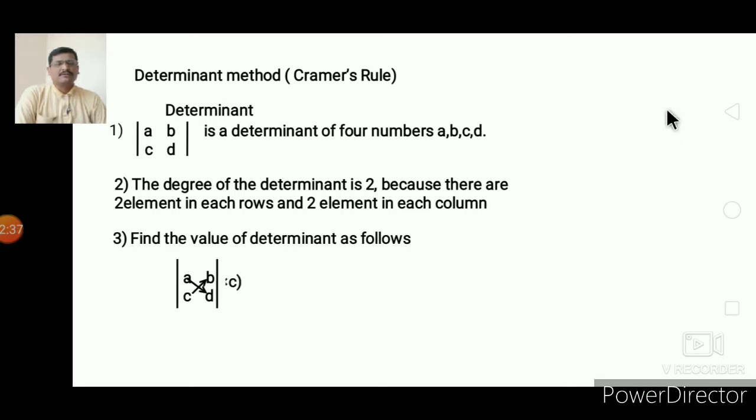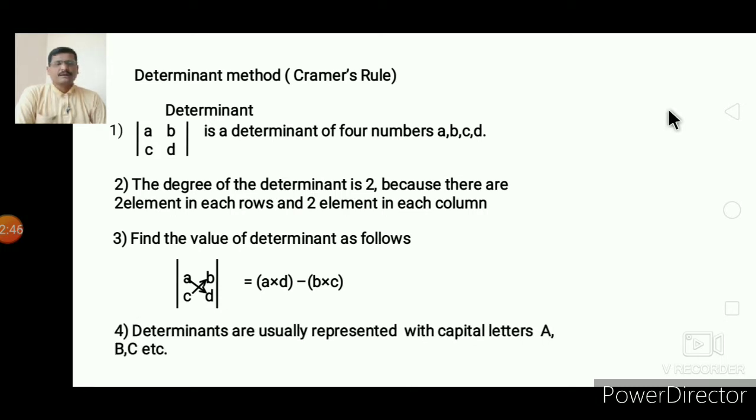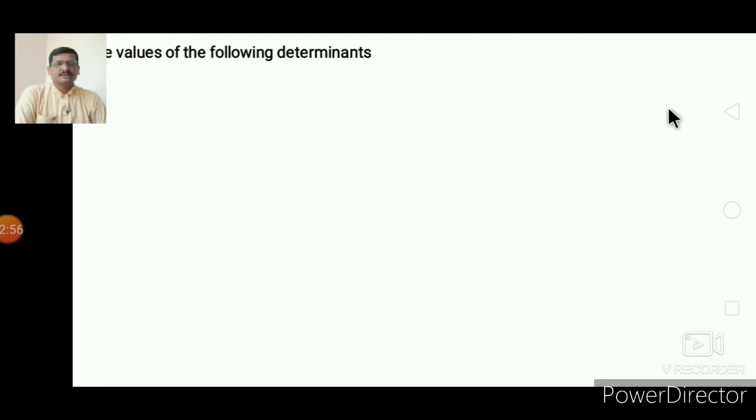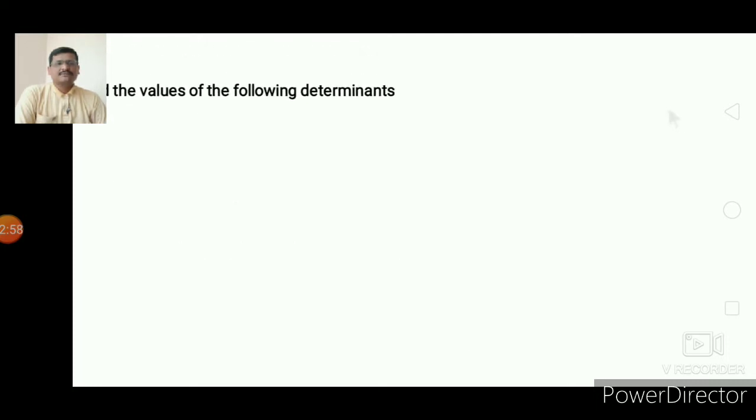Therefore, the value of the given determinant is A into D minus B into C. Determinants are usually represented with capital letters A, B, C, etc. Find the values of the following determinants.